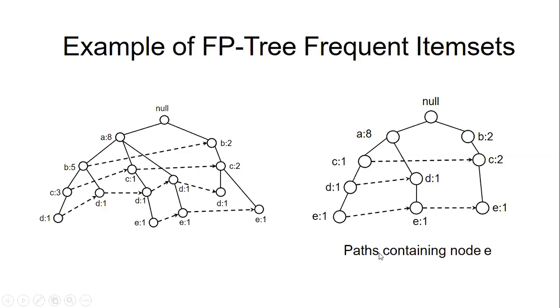That's why we have extracted the subtree which contains the paths of node E. We have extracted the subtree which is having the paths containing the node E.